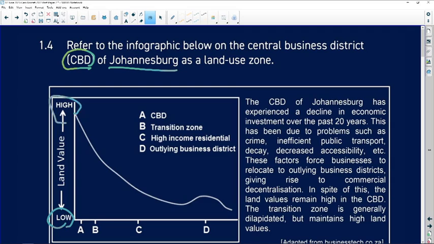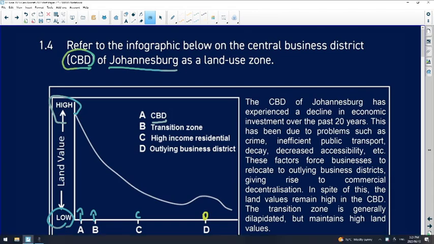Where's the highest land value? At the CBD, there where A is situated. The zone of decay or the transition zone is situated at B. Then we have C, high income residential areas over there. And lastly, outlying business districts, for instance, Sandton is the example, situated on the outskirts.